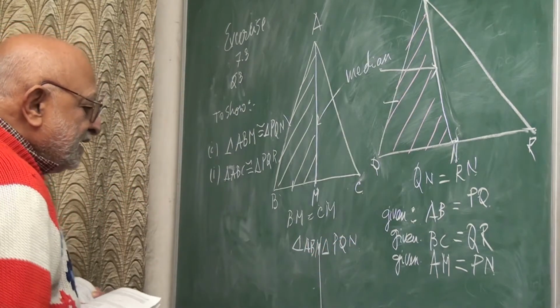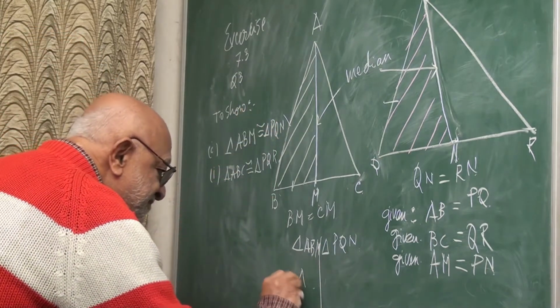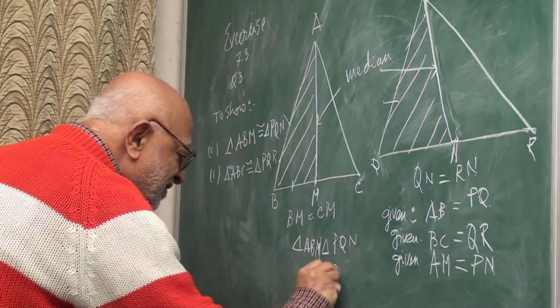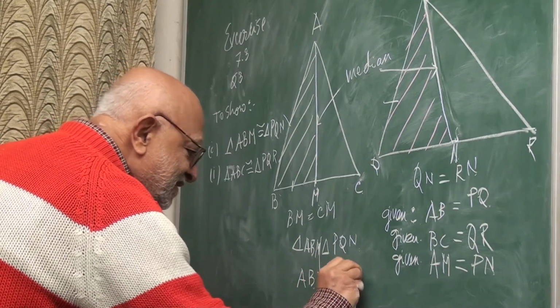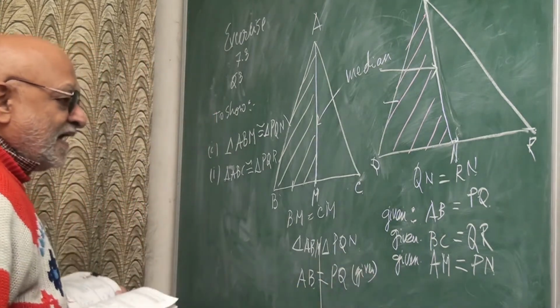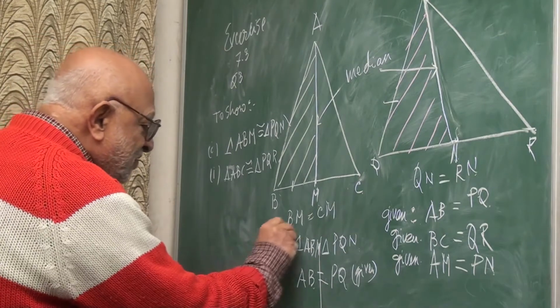Okay. Now in order to do that, I have got one thing. AB is equal to PQ. This is given. Okay. And what is given? It is given BM equal to CM.